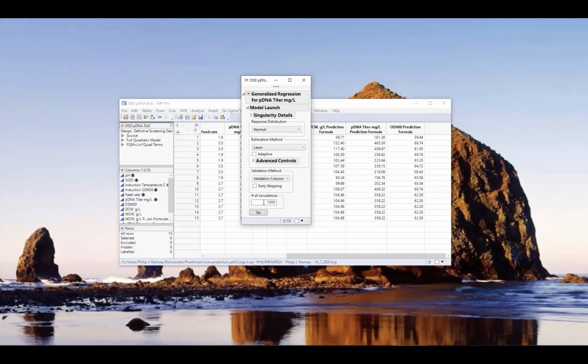Well, it'll take up to 10 or 15 minutes if I do, for instance, thousands of iterations. So for convenience of demonstrating the product, I'm just going to do 20, a small number. In reality, we would typically do hundreds and in many cases, thousands of simulation runs. So I click on Go.